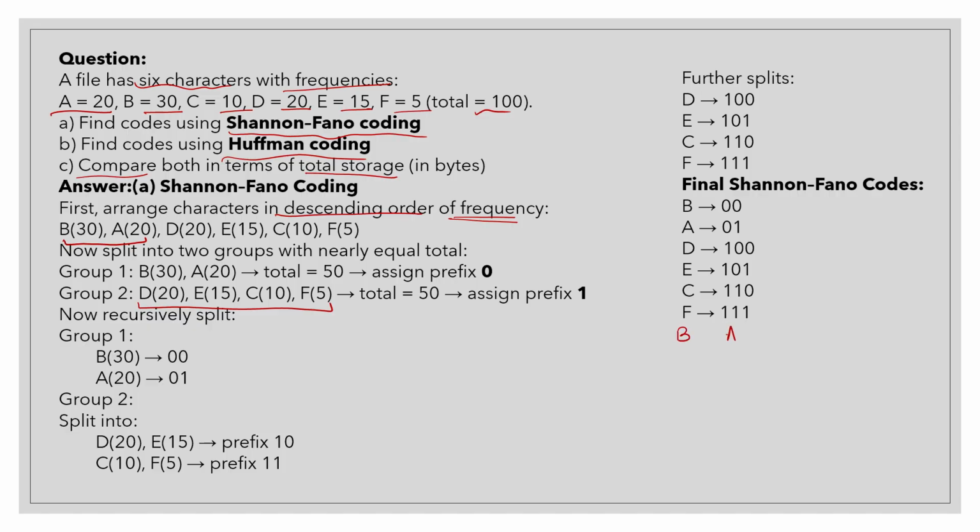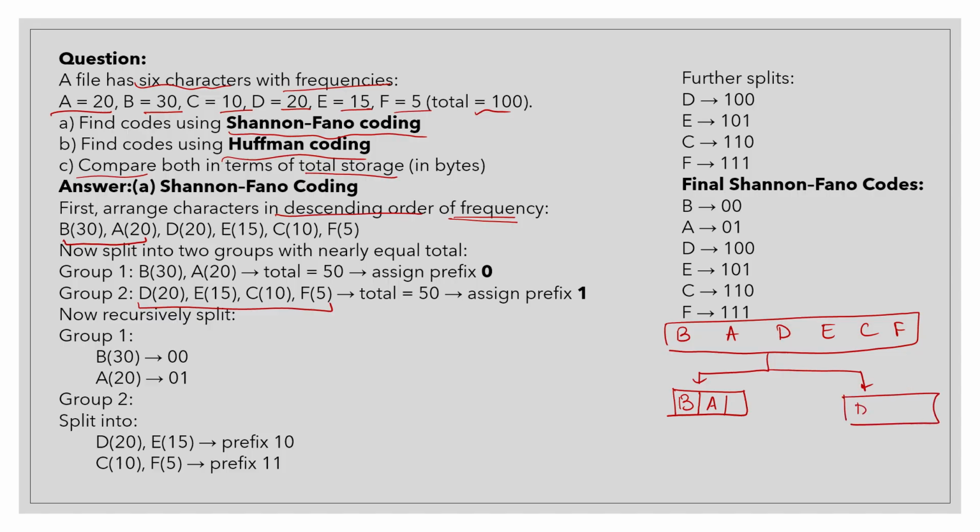B, A, D, E, C, F. Now, when we make a graph, we split it into B, A, then we have D, E, C, F.